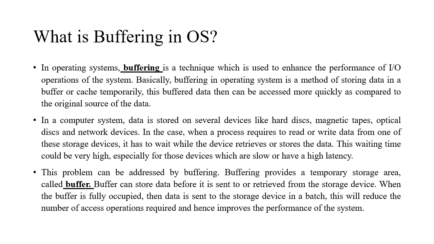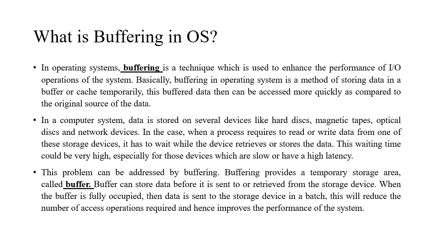This buffered data can then be accessed more quickly as compared to the original source of data. So this buffer is very useful: when we require the data, we will get it easily. So let's see what the original source of data is and how we get it.